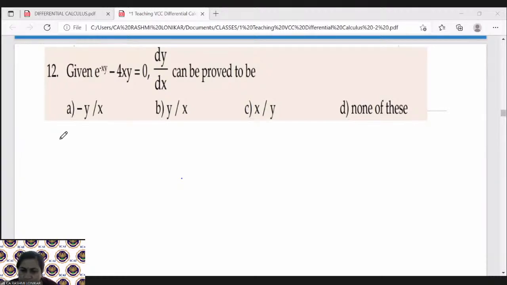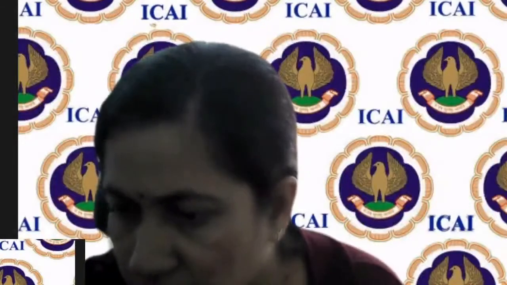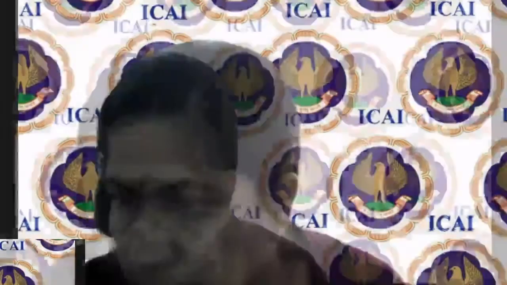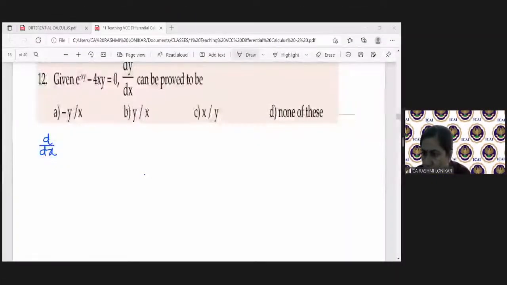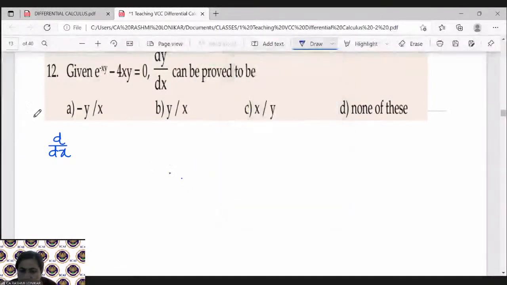So I find the derivative. So it is d by dx of e raised to minus xy minus 4xy is equal to 0.